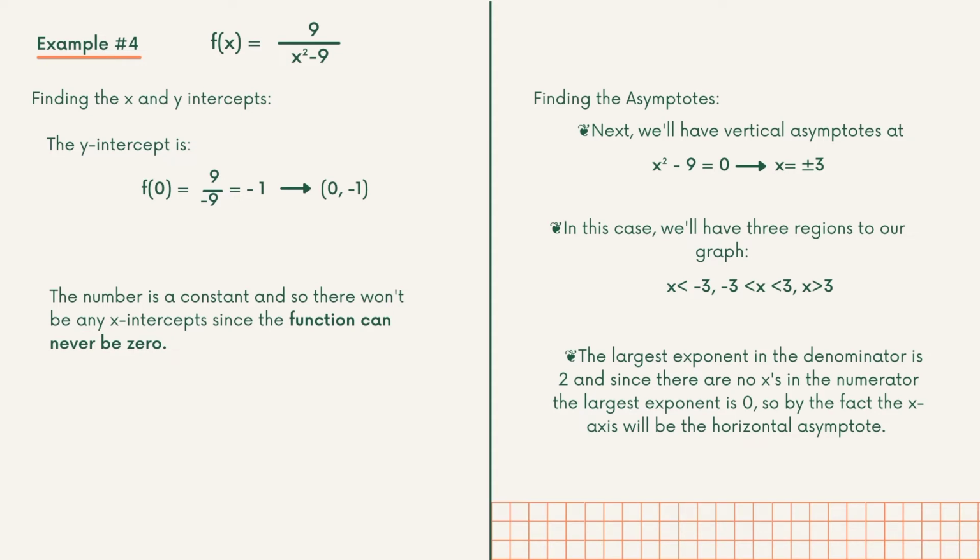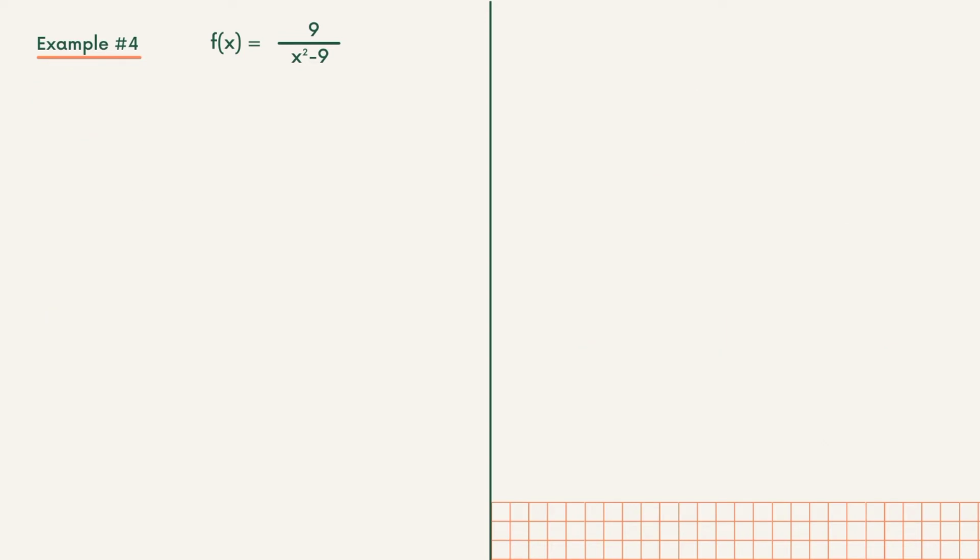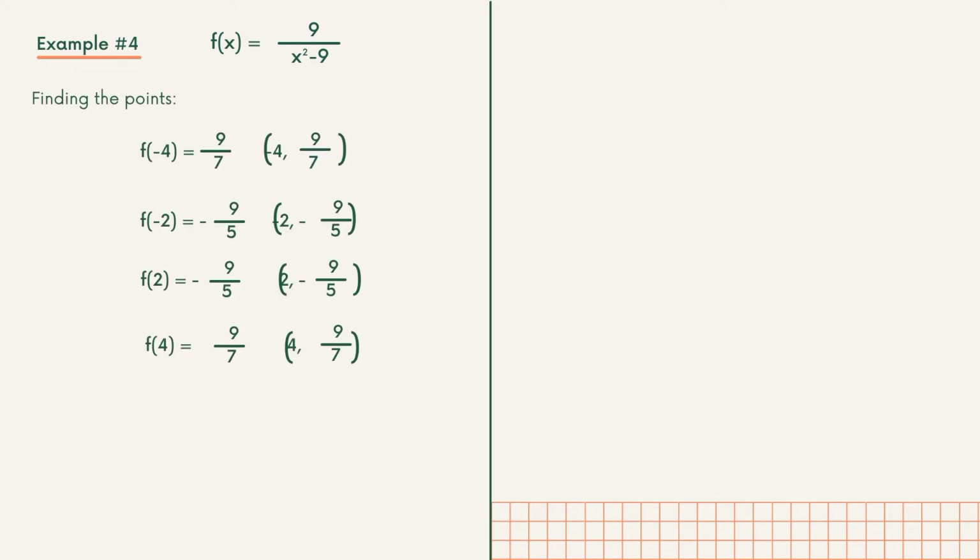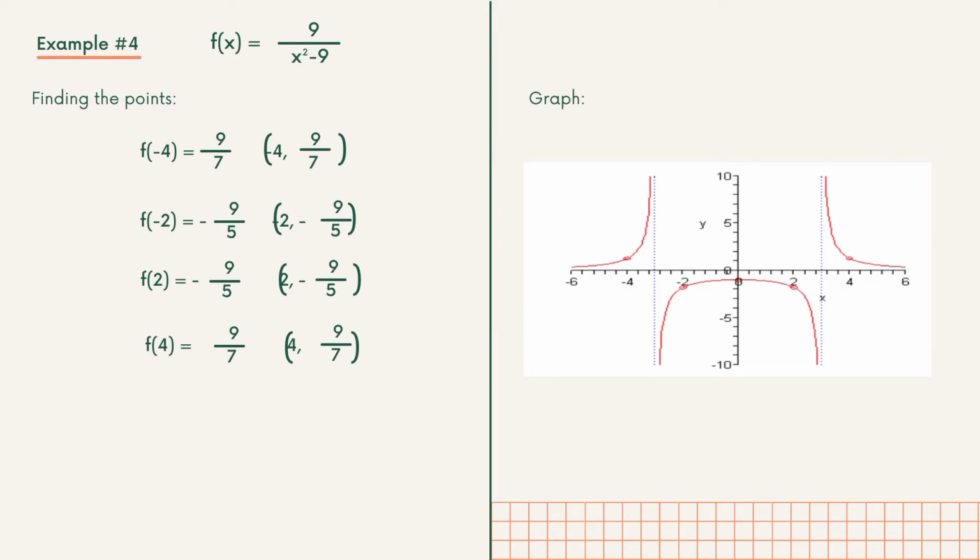So by the fact, the x-axis will be a horizontal asymptote. For x, we've got negative 4, negative 2, positive 2, and positive 4. While for y, we've got 1.29, negative 1.8, negative 1.8, and 1.29.